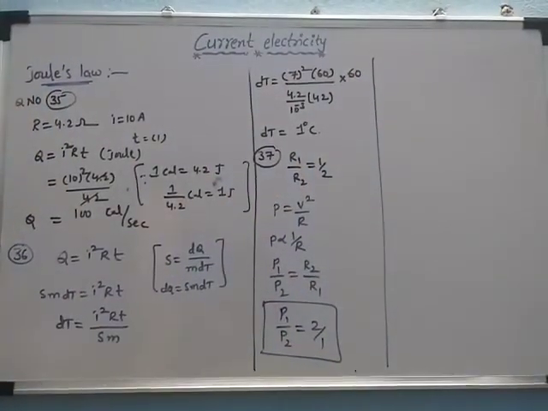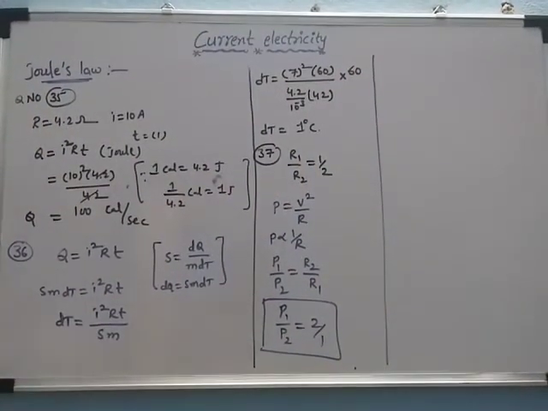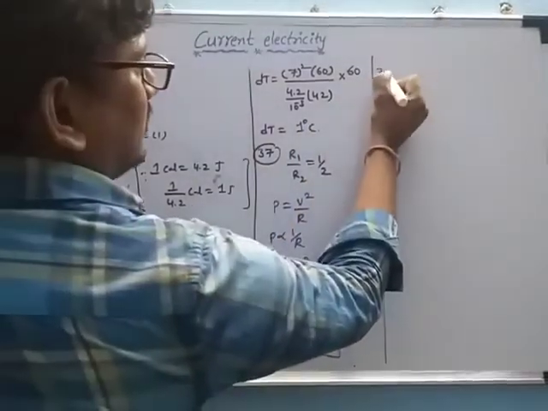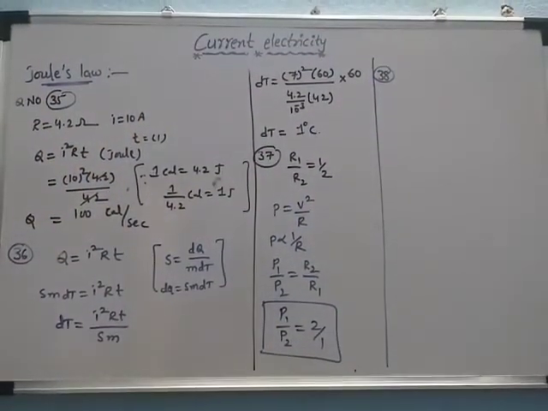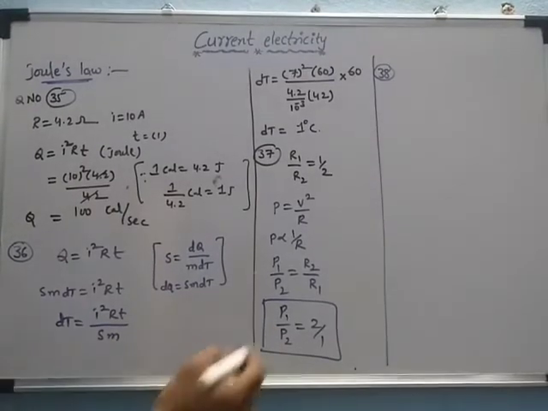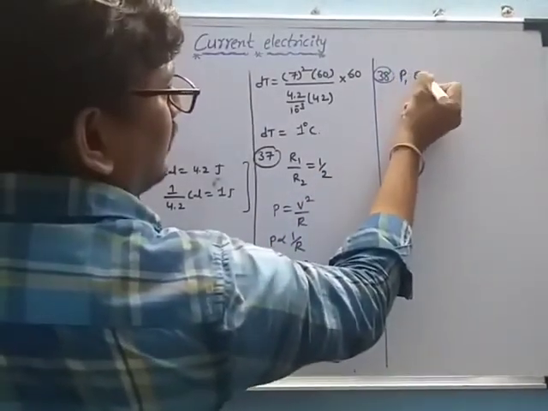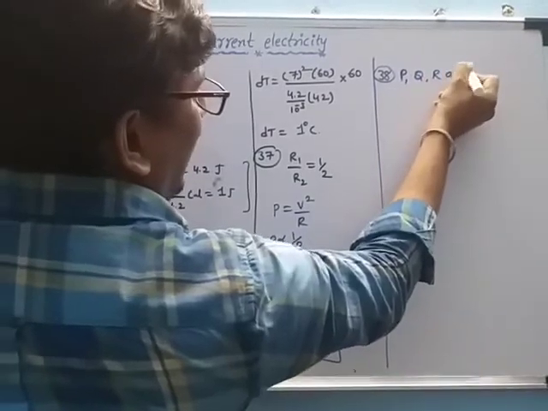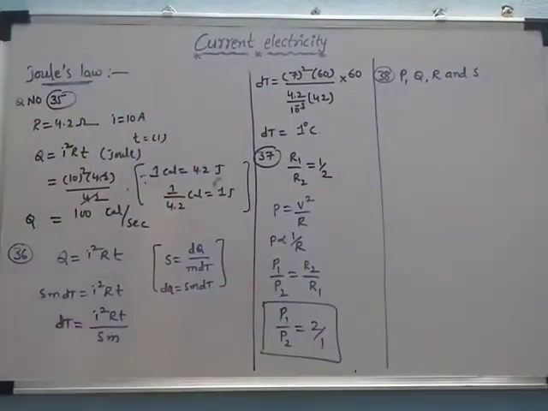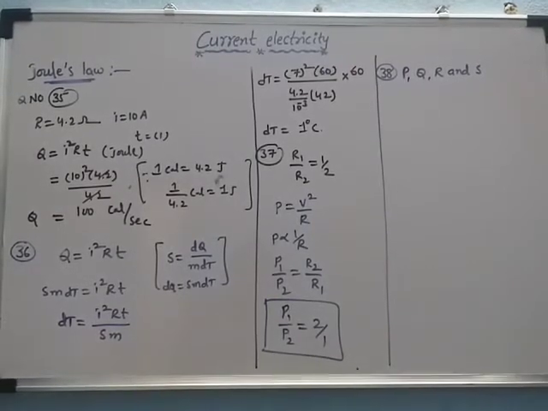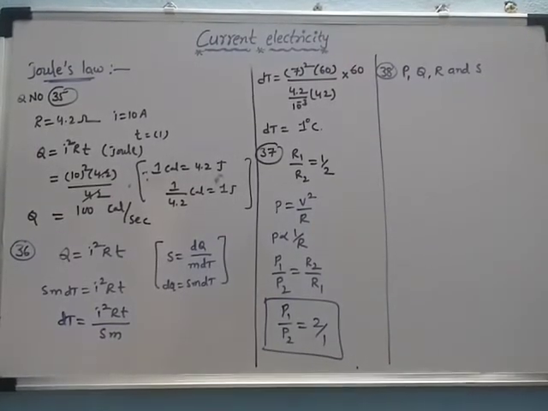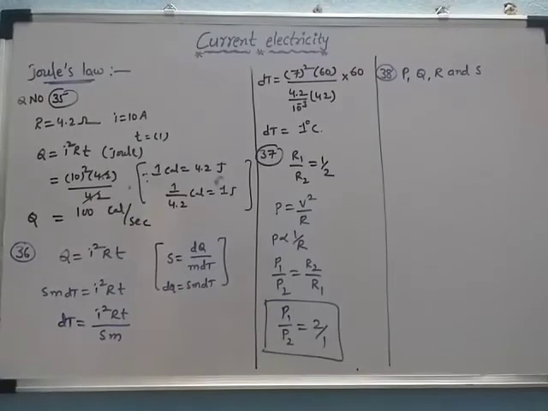Next, see question number 38. Which of the four resistances P, Q, R and S generates the greatest amount of heat when a current flows from A to B?